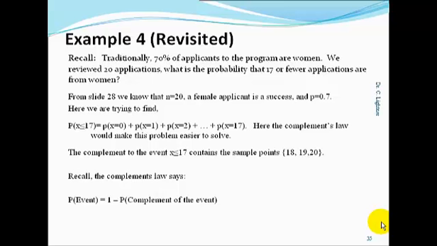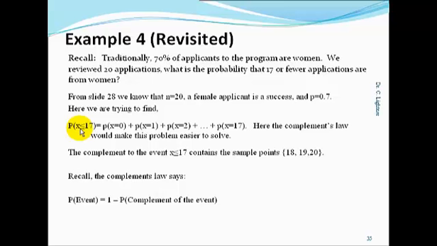A female applicant is a success for this problem since the question is asking about a female applicant, and p is equal to 0.7. So here we are trying to find the probability that X is less than or equal to 17. The sample points 0, 1, 2, 3, 4, all the way up to 17 successes are contained in this event.